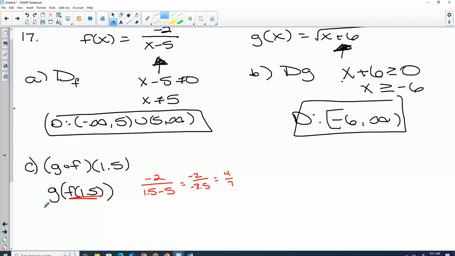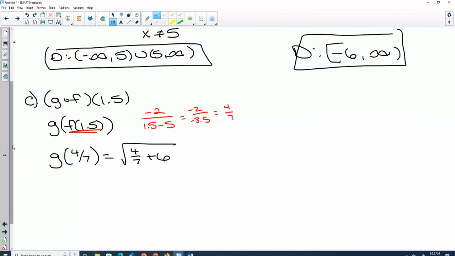Okay. So now, I'm going to take 4 over 7 and put that into G. G is the square root of whatever we put in, plus 6. This does not work out beautifully.